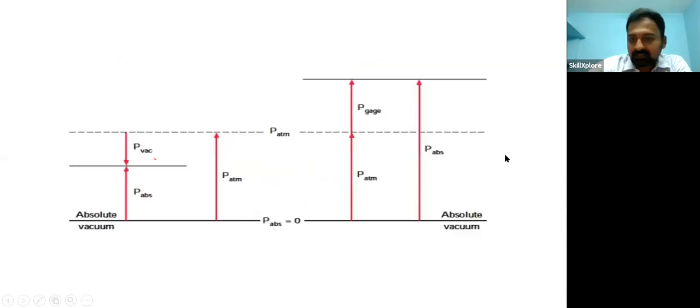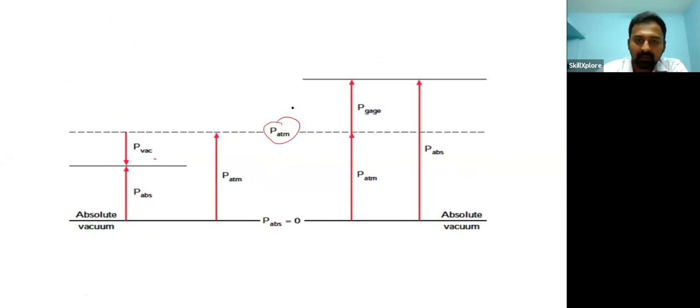So I will explain this in this diagram. Here, this is the basic diagram to understand pressure and its measurements. In the normal atmosphere, we have a pressure value, that is atmospheric pressure.